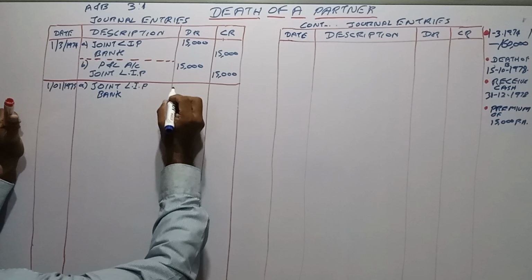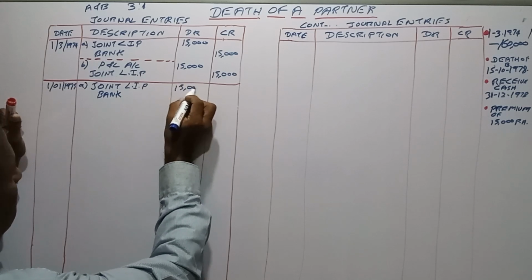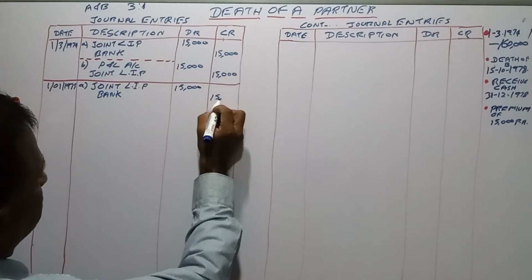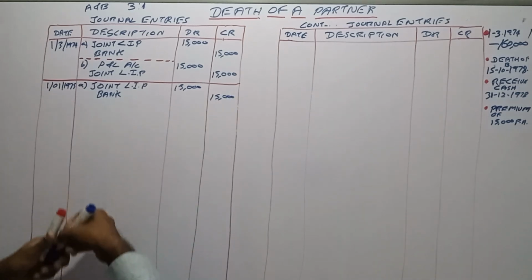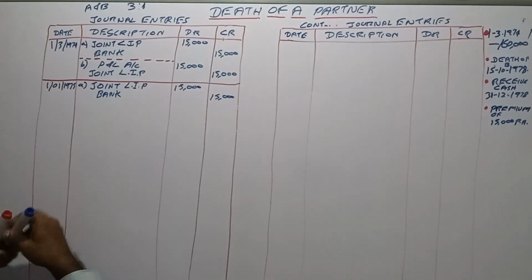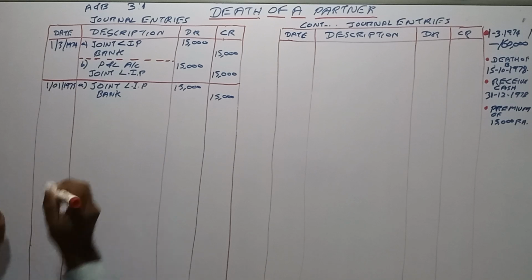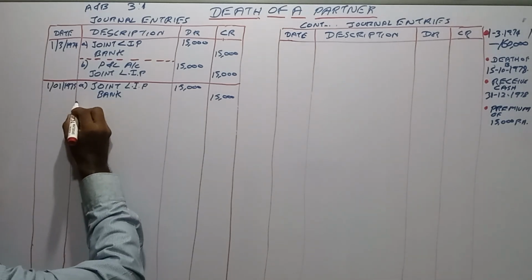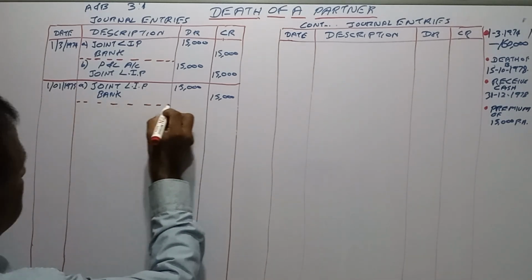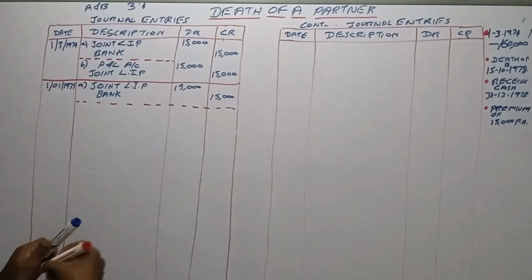Bank account, right? 15,000. So this is a payment, right? This is the entry made for the payment.